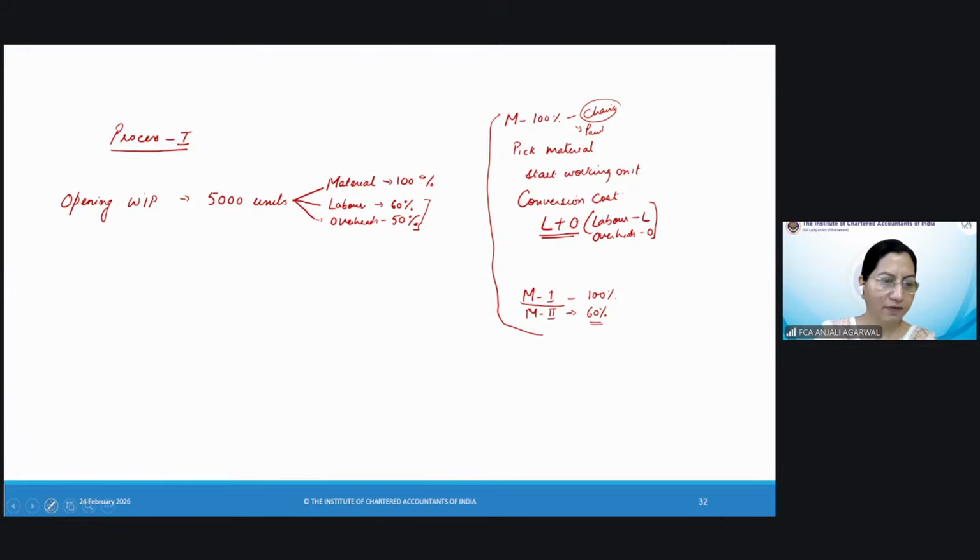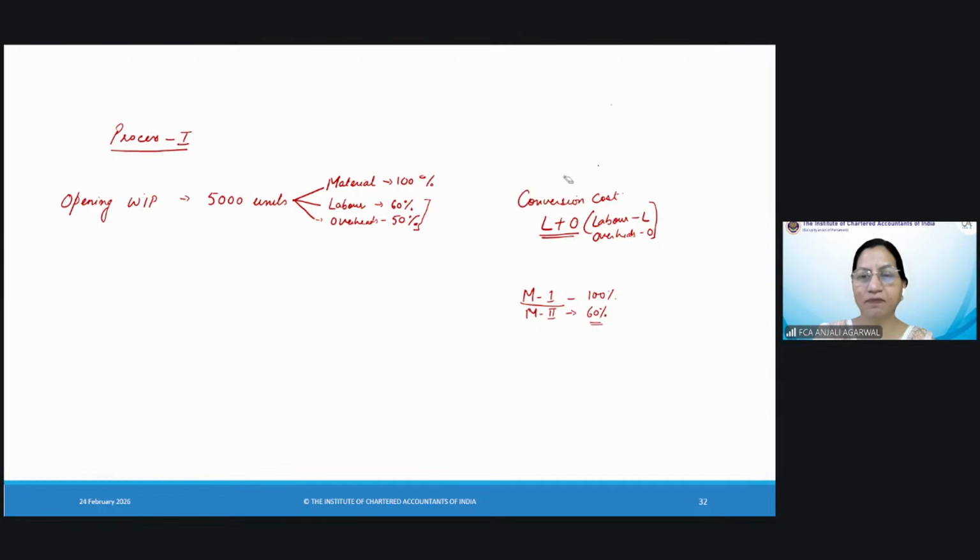When you started this particular period, you had 5,000 units of opening work in progress, which was already semi-complete, 100% complete as far as material is concerned, 60% complete as far as labor is concerned, and 50% complete as far as overheads are concerned. So this is what you have to complete in this period.